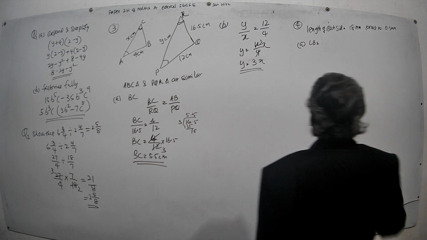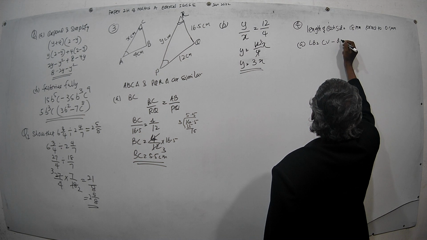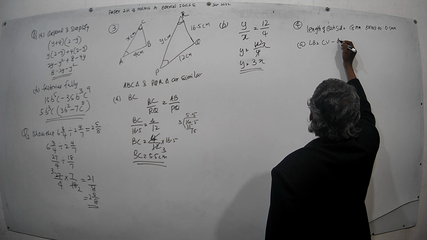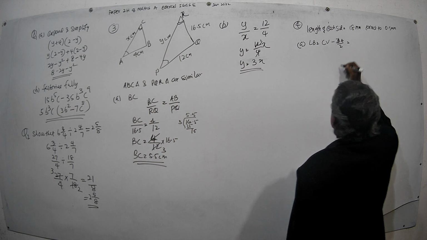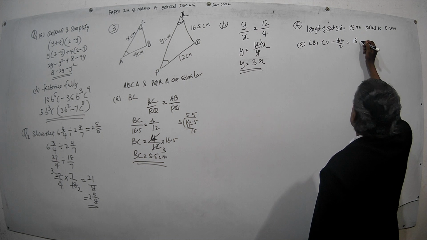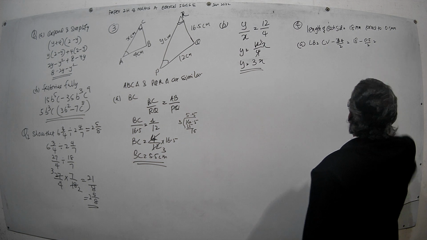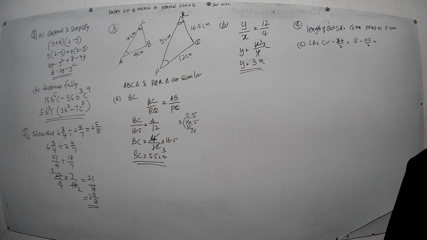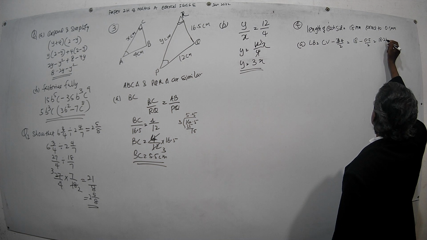You know the formula: corrected value minus degree of accuracy over 2. Then apply it. The corrected value here is 18. Then minus degree of accuracy, 0.5 over 2, which is 0.25.